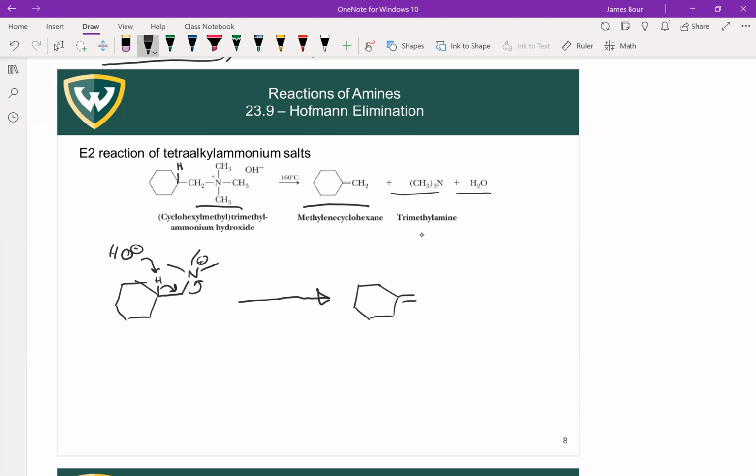And when it's with an ammonium leaving group, it's called a Hofmann elimination. The side products of this are the amine, and in this case, water, because hydroxide was our base and it's now been protonated, so these are the products.